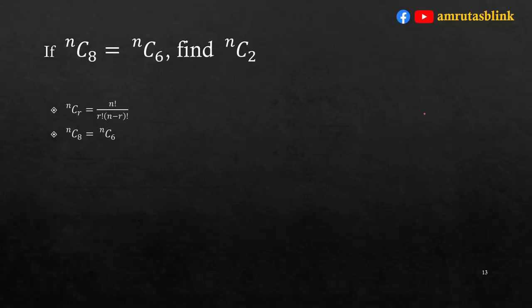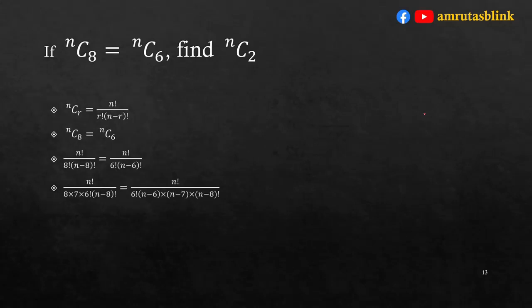It's given as nC8 is equal to nC6. So n factorial upon 8 factorial into (n minus 8) factorial is equal to n factorial upon 6 factorial into (n minus 6) factorial. Now in the numerator n factorial we will keep it as it is.